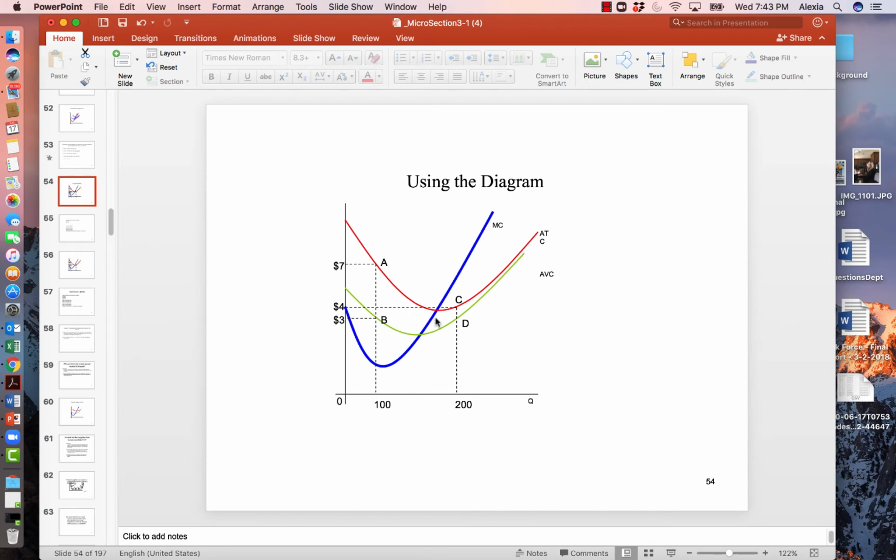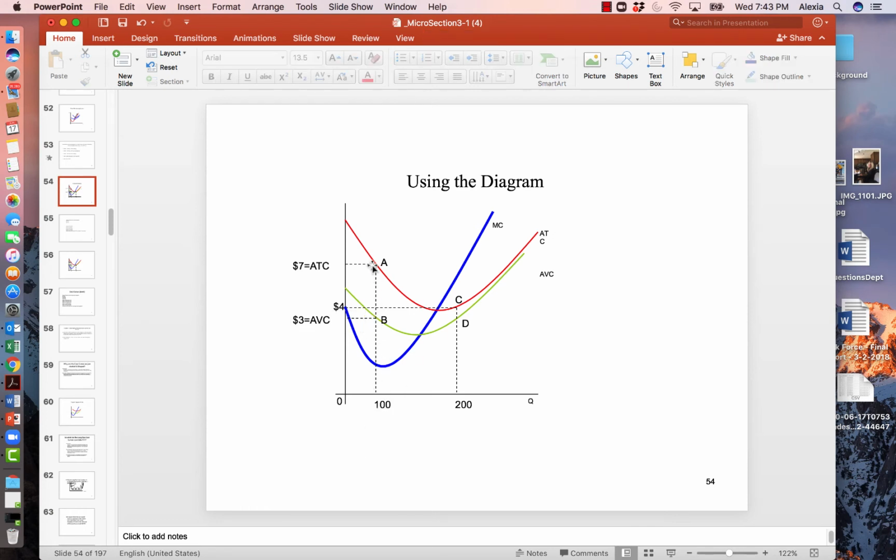How you would read this is you would say, at Q of 100, we come on up, you go over to this, and you see 7. So this $7 right here is your average total cost at Q of 100. This $3 here represents our average variable cost at Q of 100.